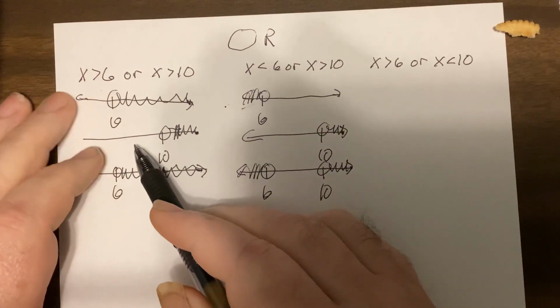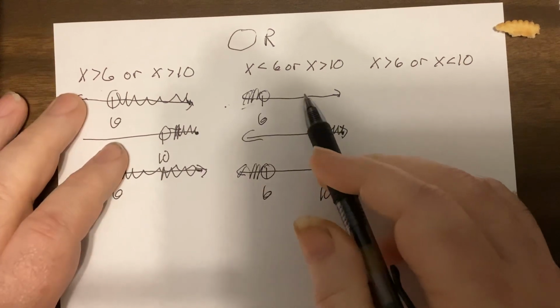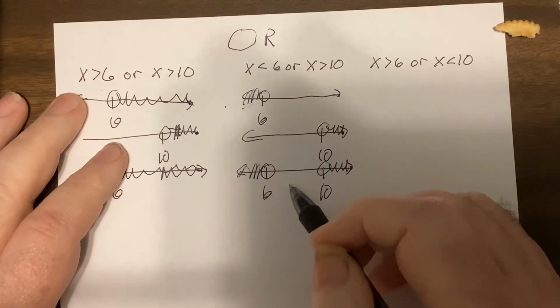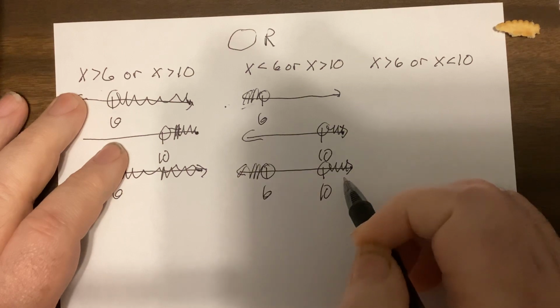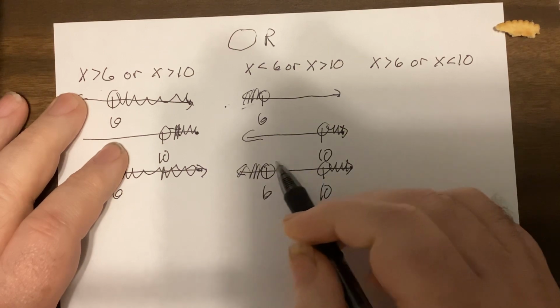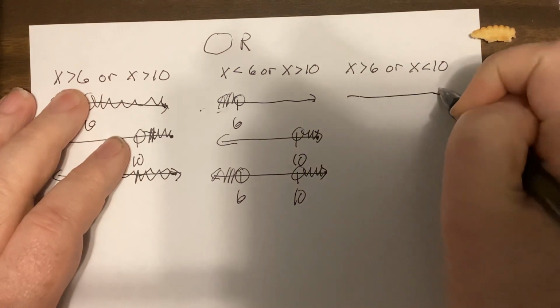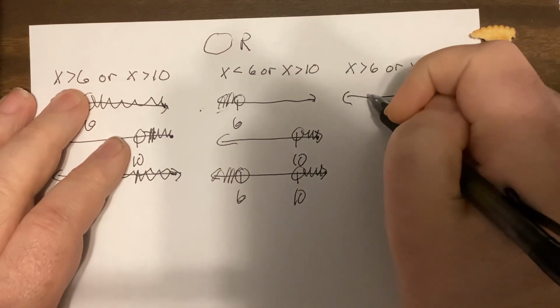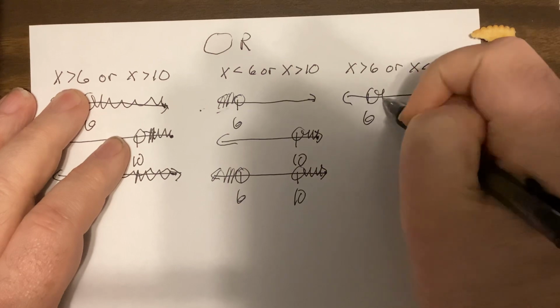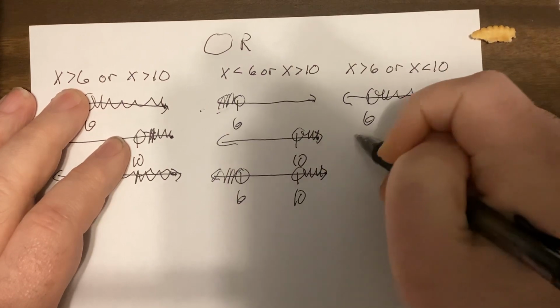So, same direction, longer one. Opposite directions, no overlappage. It's this. Now, if it's opposite directions, but there is overlappage, here's greater than 6.